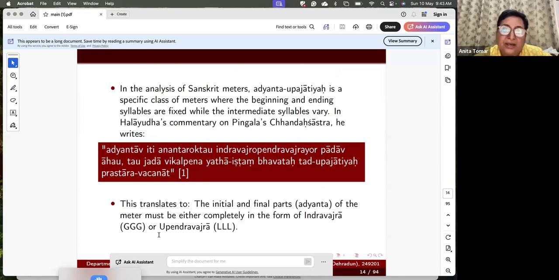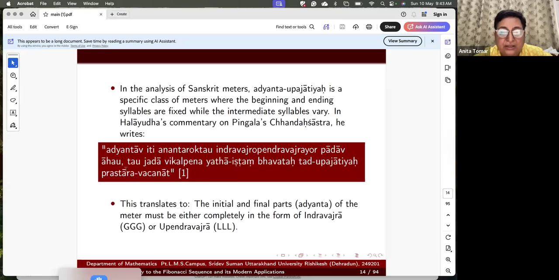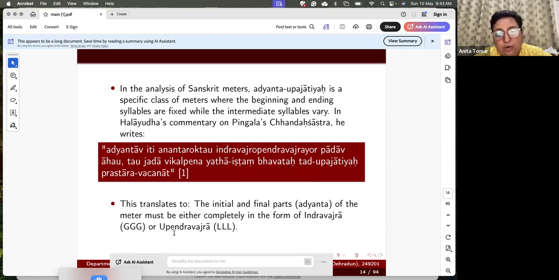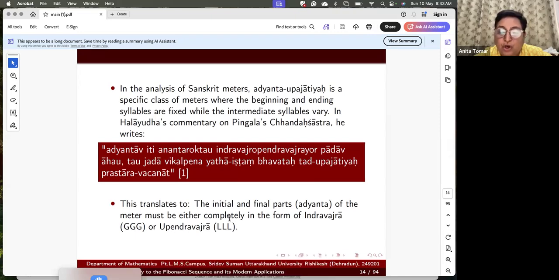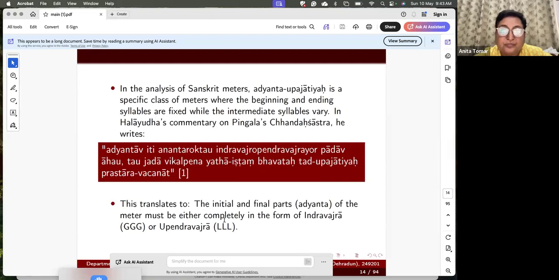where the beginning and the ending syllables are fixed while the intermediate syllables vary. And Halayudha, in his commentary on Pingala's Chandas Shastra, writes a Sanskrit verse like this. It means the initial and final parts, Adyanta, of the meter must be either completely in the form of Indravajra, meaning all Gurus, or Upendravajra, meaning all Laghus.